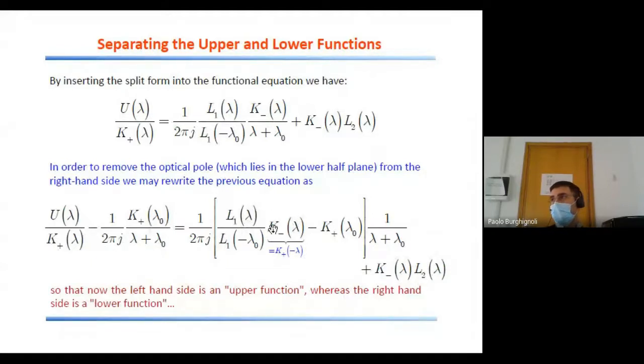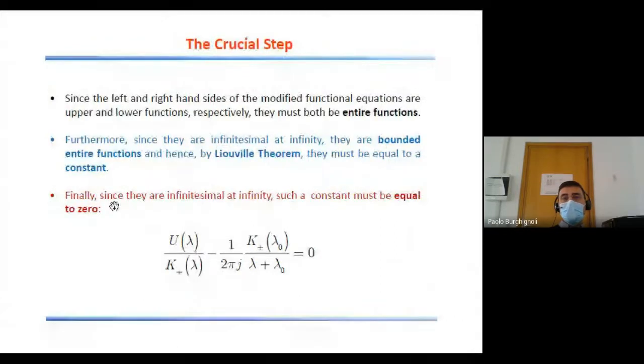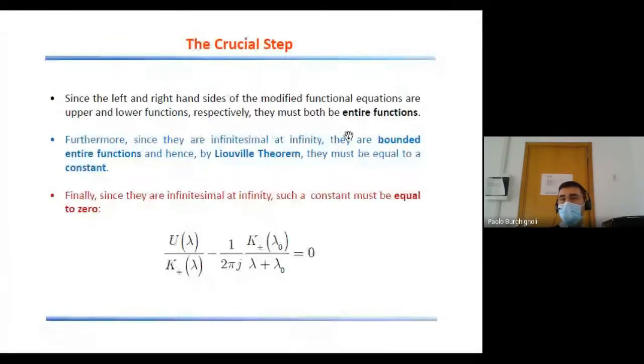Actually, they are infinitesimal at infinity, so they are bounded. Liouville's theorem says that if you have a bounded entire function, that function must be constant. Since it decays, it must be equal to 0. That is, the constant is 1 here.